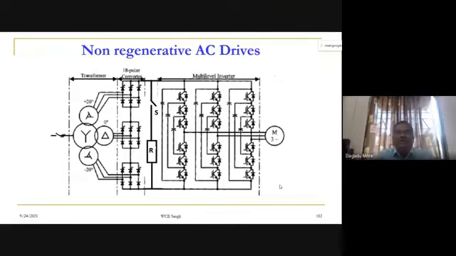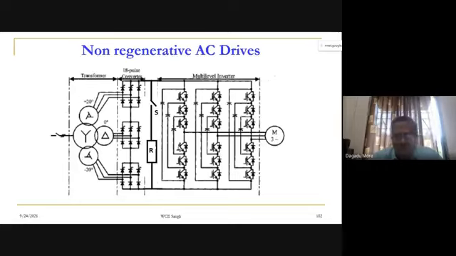Okay, so we are having a 4 level flying capacitor multi-level inverter, an 18 pulse converter and a dynamic braking, and again the applications will be the same. What are the applications of this drive?